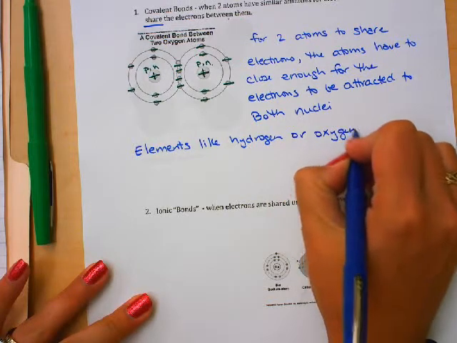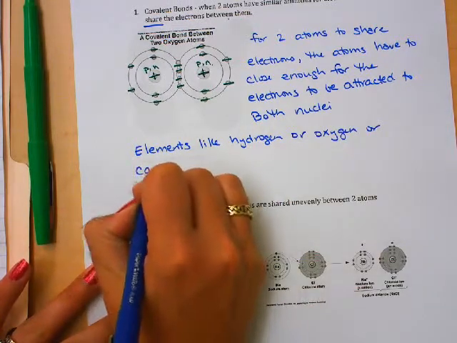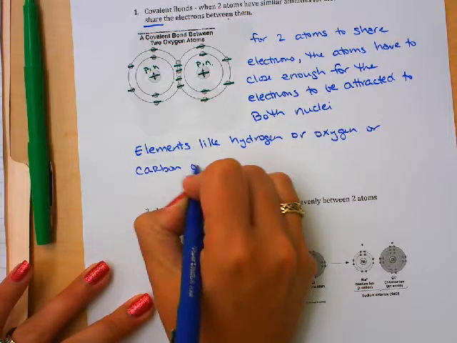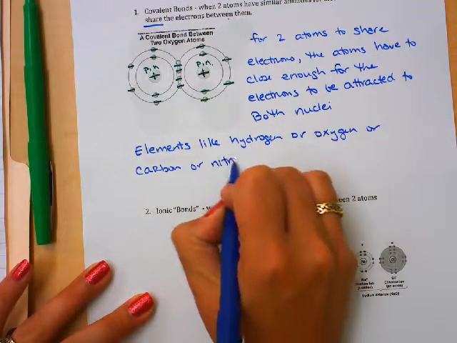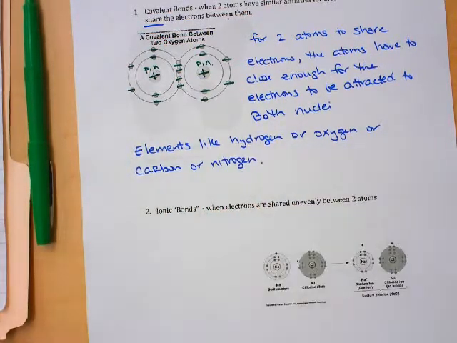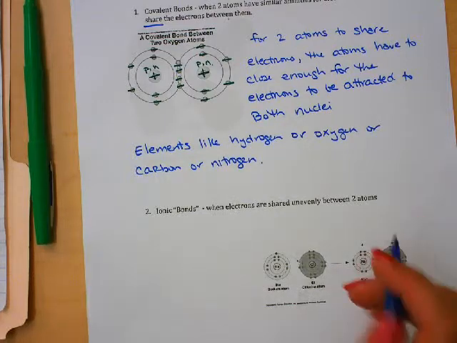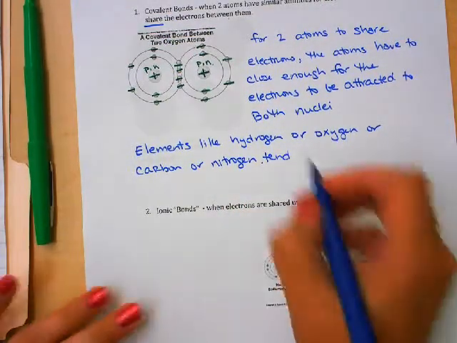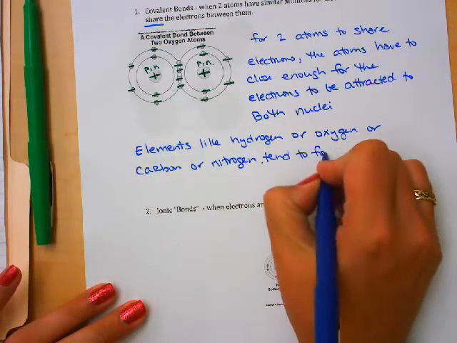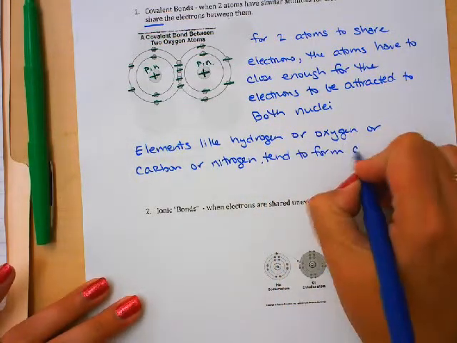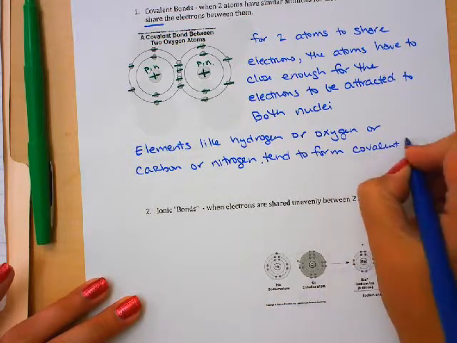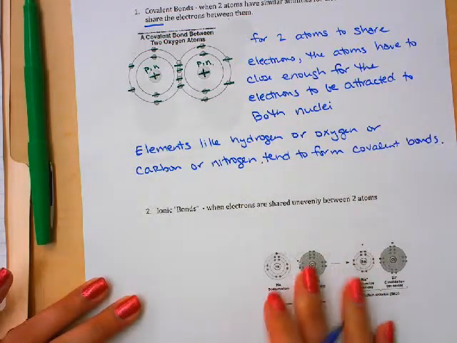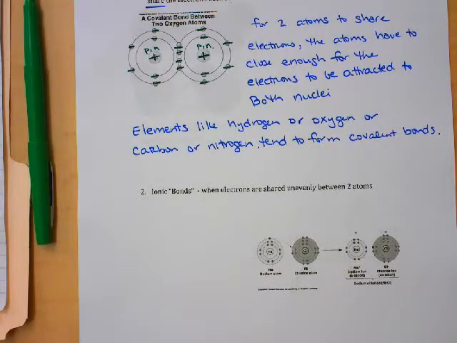Okay, so elements like hydrogen or oxygen or carbon or nitrogen. Our big guys over here, right? C, O, N, H, those guys. All nonmetals, also true. Those guys tend to form covalent bonds.